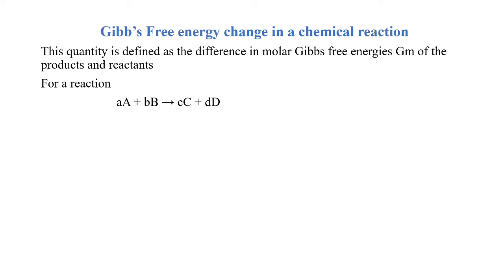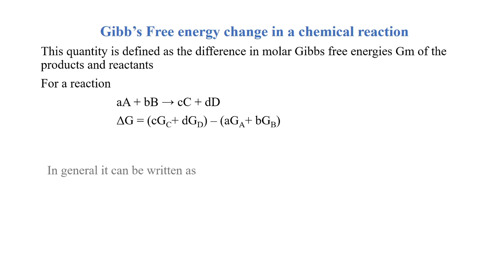So the Gibbs free energy for this reaction can be written as delta G is equal to c into Gc plus d into Gd minus a into Ga plus b into Gb.